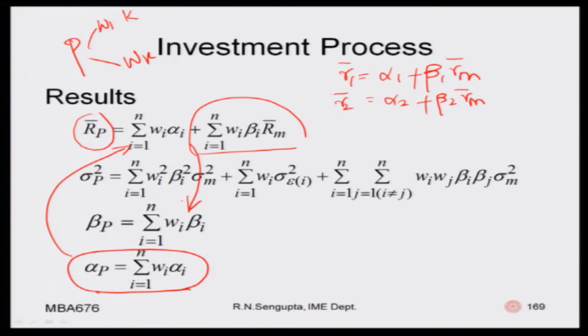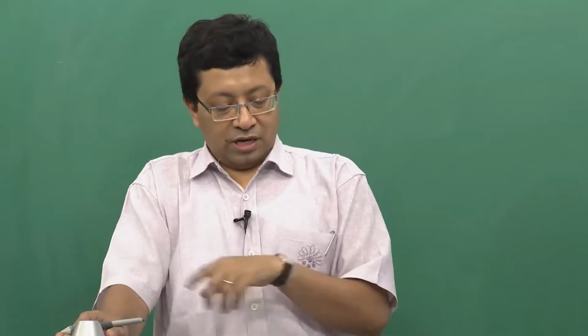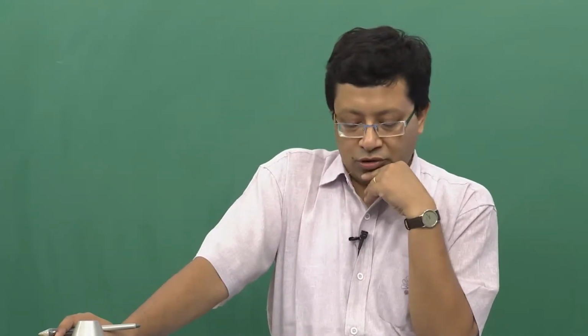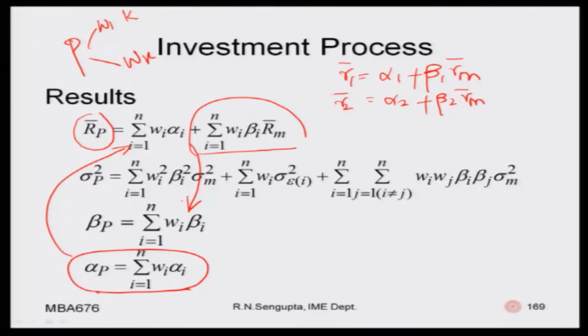So, what you have actually done is replaced any portfolio you can formulate by its alpha p, in relationship with the market, and beta p, which is the portfolio's beta with respect to the market.